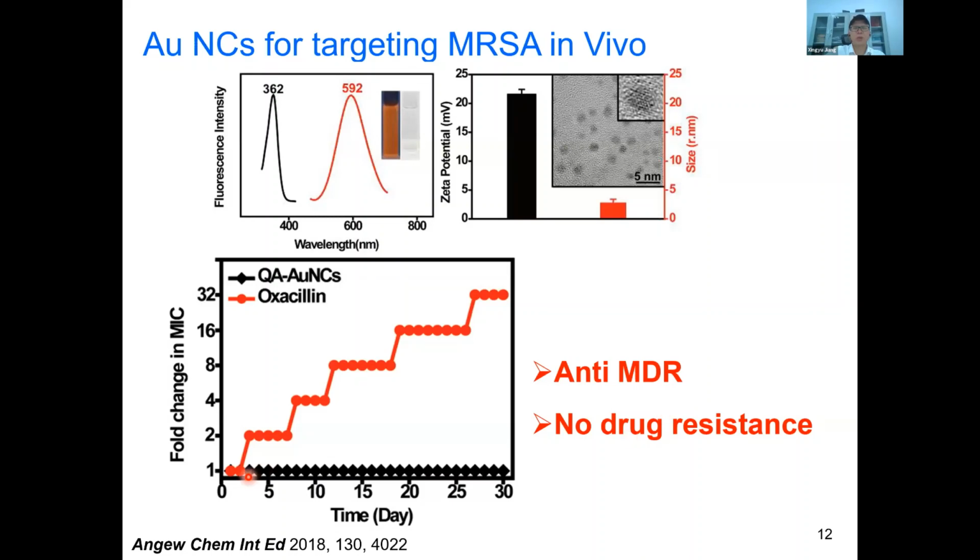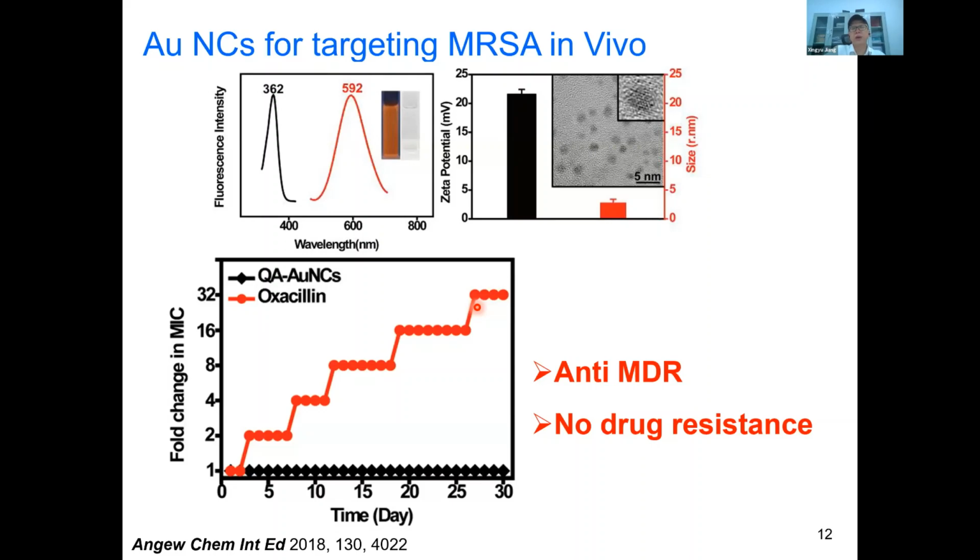So this is an example where we looked at the MIC value of the gold nanoclusters, and you can see that it's very low over a course of 30 days, many generations. Whereas if you compare on the same condition with oxacillin, the MIC increases, indicating that the resistance has occurred.